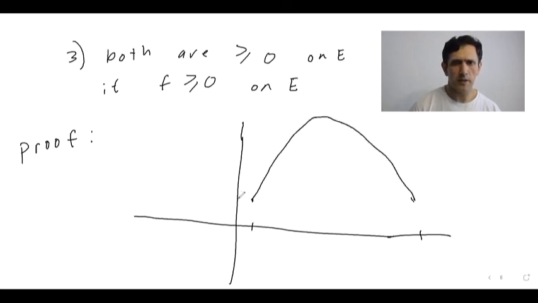So we have something like this here. The idea is just to basically partition the range in such a way that each partition interval has width epsilon.